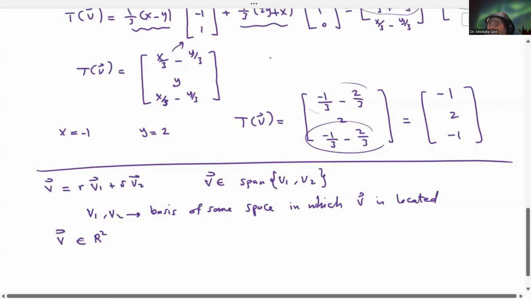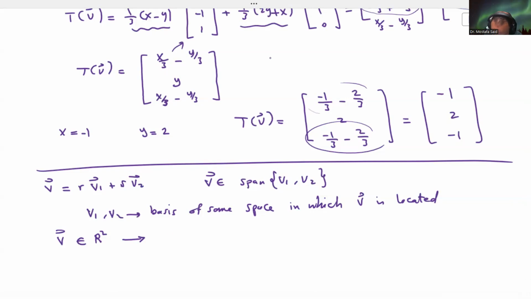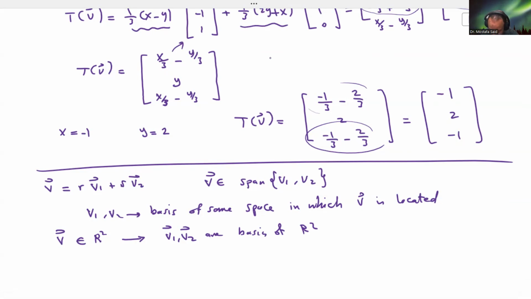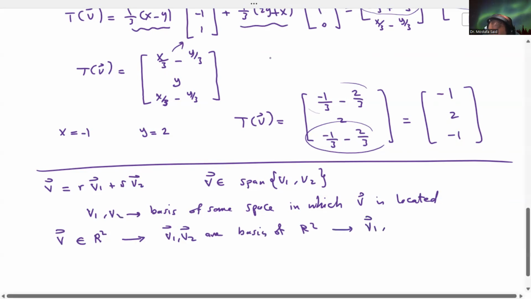And when we say that v equal to r v1 plus s v2, that means that v1 and v2 are bases of R2, and that means v1 and v2 vectors are independent.